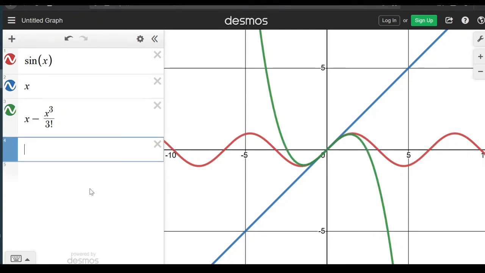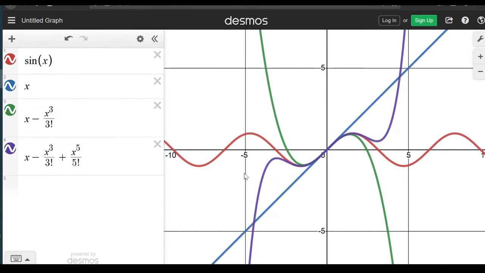Now if we go up to the 5th degree Taylor polynomial, this is the graph in purple, and we can say that the graph in purple sticks to the red sinusoidal graph for even longer than the green graph. The deviation from sine of x seems to be occurring at approximately this x-intercept right here. This is where it starts to get really bad.